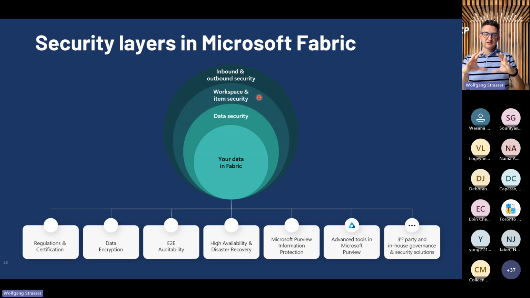Define the appropriate security level on the workspace level: who's an administrator, who's allowed to modify the data, and who's only there to view the data. Also think about row level security, object level security, data masking, all that stuff that really secures your data. It's there before any one of you or us can access our data in Fabric.